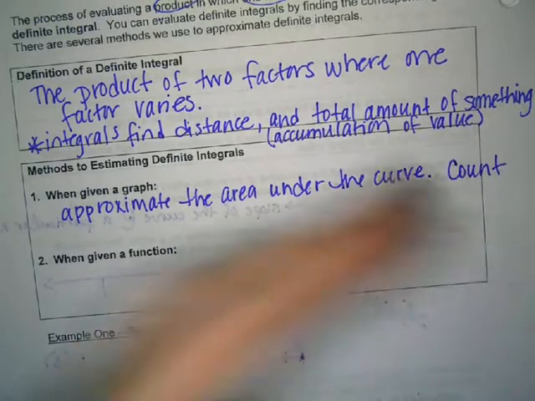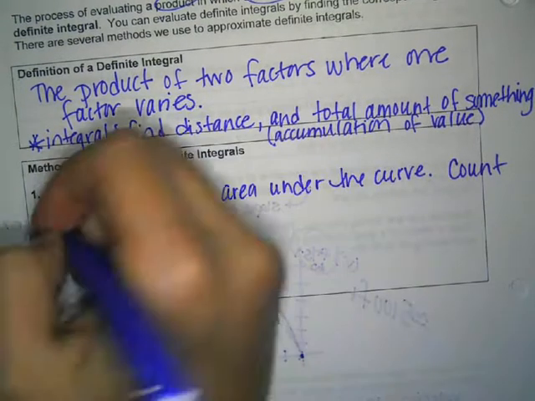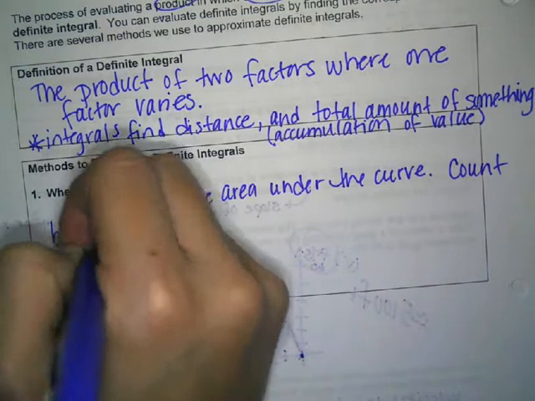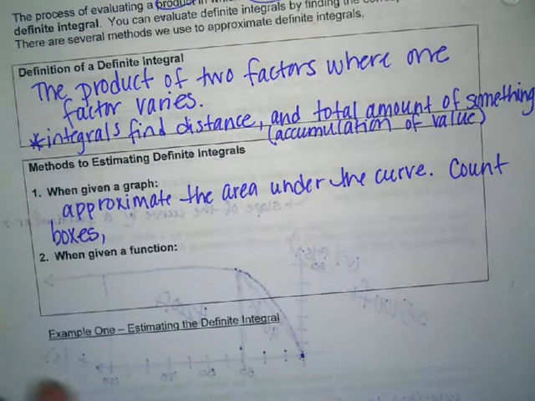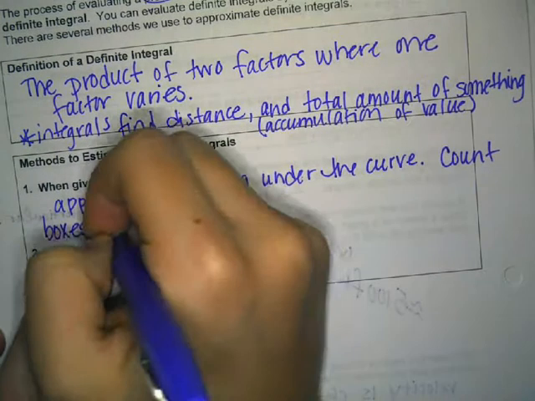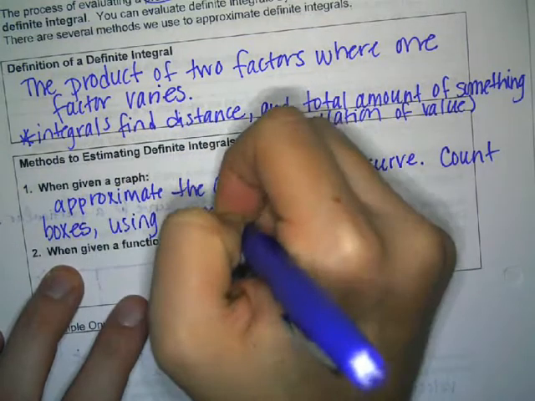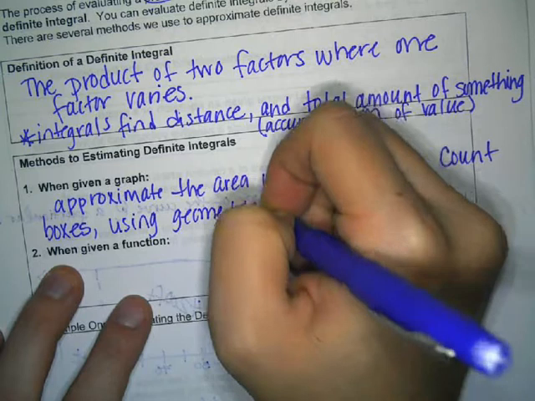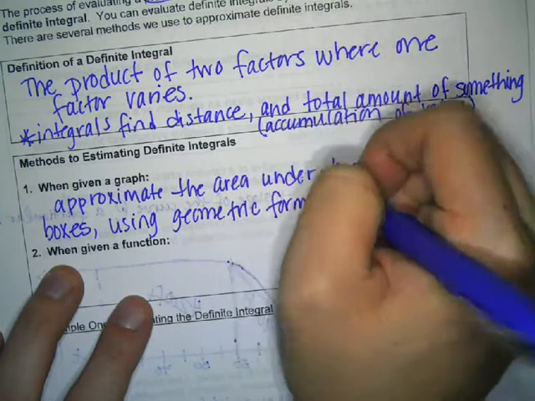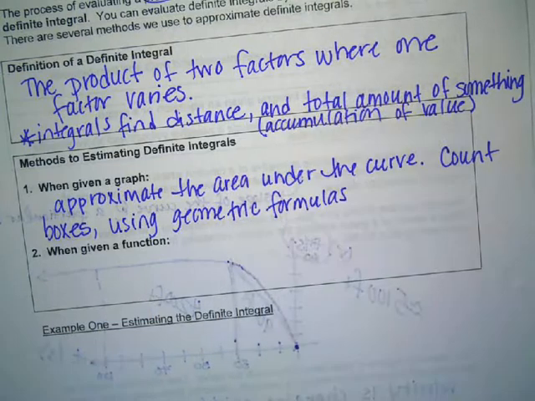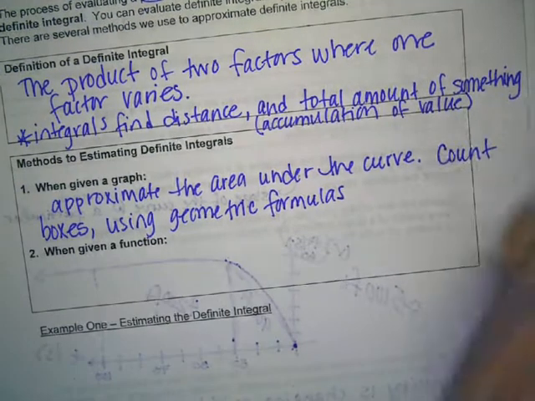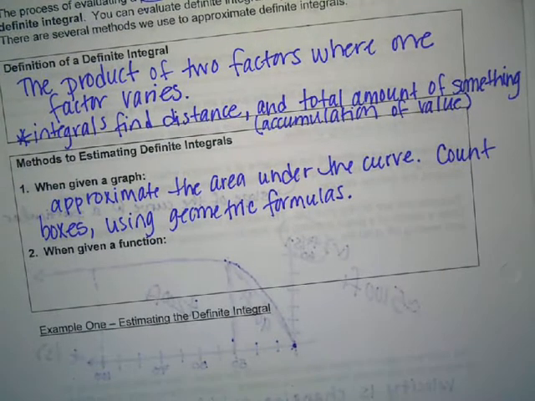So we do this by counting boxes. We do this by using geometric formulas. I mean like the area of the triangle that we used on the previous page, or the area of the rectangle. Those are geometric formulas. We'll just stick with those two because we haven't talked about the third one yet.